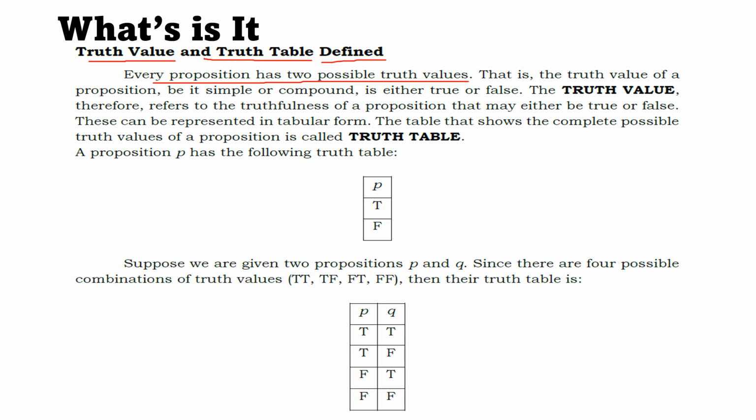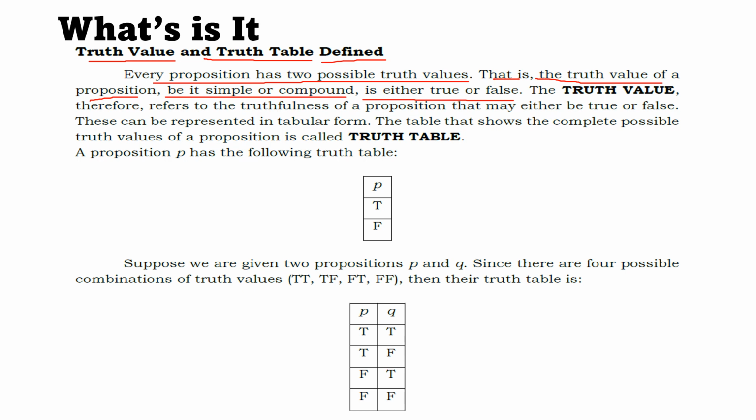It is a declarative sentence or a statement that can be true or false, but not at the same time. That is, the truth value of a proposition, be it simple or compound, is either true or false. Regardless of whether the given is a simple or compound proposition, the truth value depends on whether the statement is true or false.